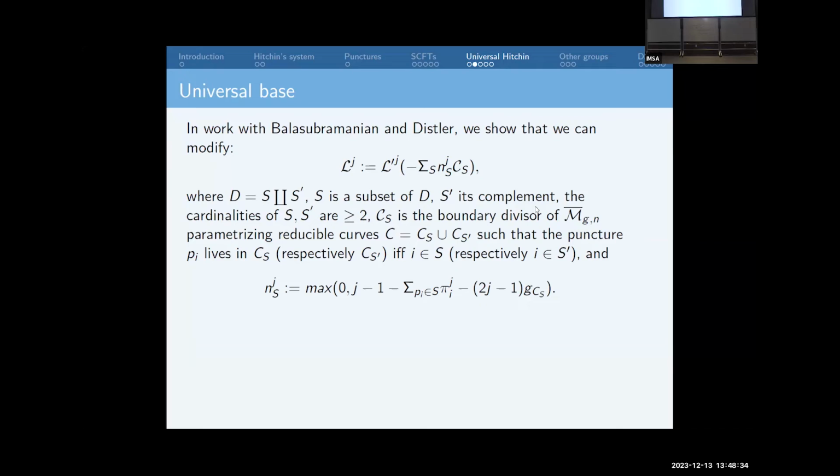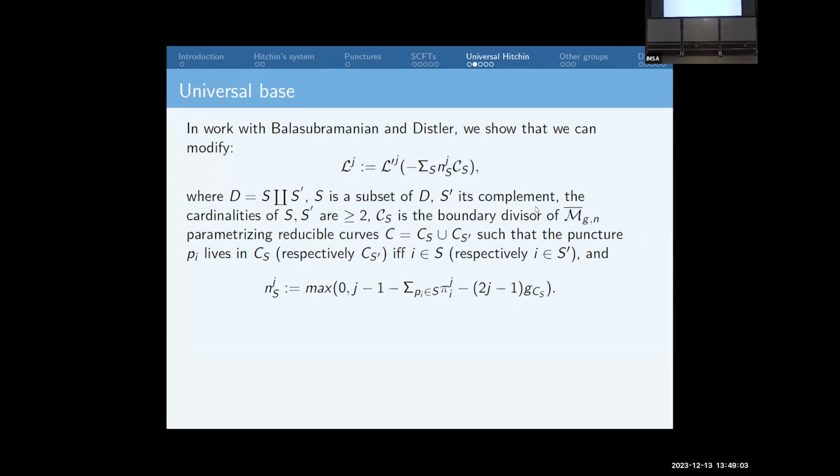So script C sub S is the boundary divisor of moduli parameterizing those reducible curves, C_S and C_S prime, such that the puncture p_i lives in C_S if i is in S, and it lives in C_S prime if i is in S prime. In other words, the partition of D into two disjoint sets determines a boundary divisor in moduli.